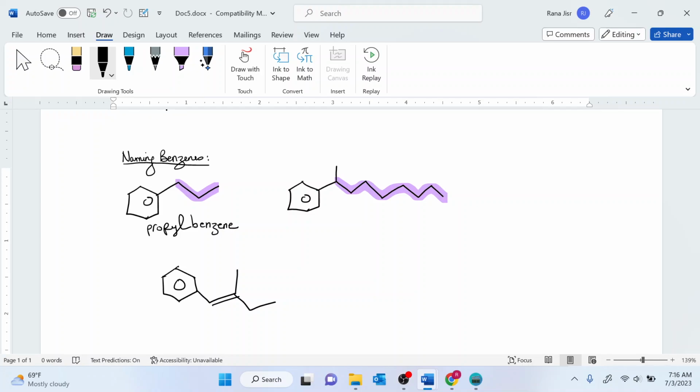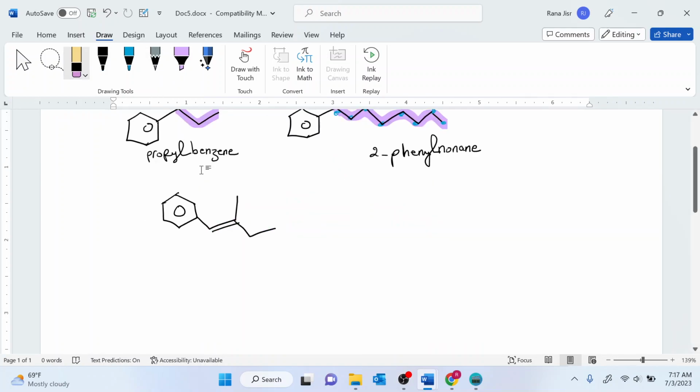So let's say, for example, if I have something like this over here, that is going to be 1, 2, 3, 4, 5, 6, 7, 8, and 9. So your ending in this case is going to be nonane. And you give your benzene the lowest number. So it's going to be 2-phenyl nonane.